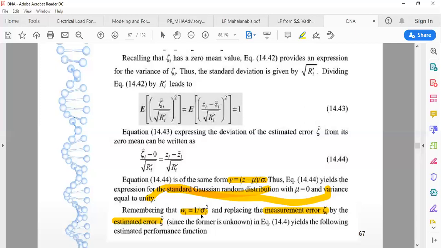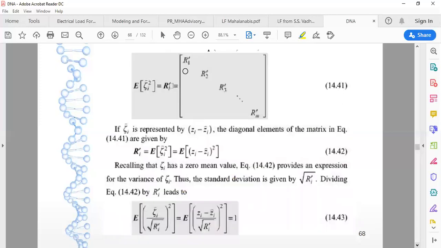So over here this will be replaced by a measurement error. So now this R dash will always be a diagonal matrix of sigma I square, but this is the expected value. The expected value of error will be 0, but keep in mind that the expected value of error square is not equal to 0.